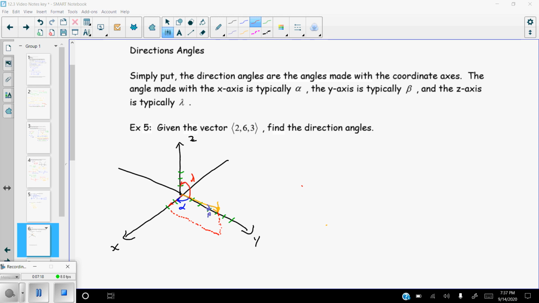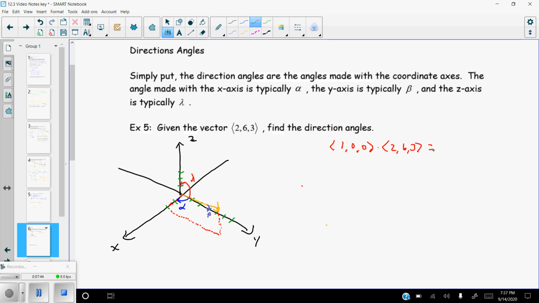Well, the easiest one to use is the unit vector in the direction of the x-axis, which is i, or 1, 0, 0. So we're going to dot that with our vector 2, 6, 3, because again 1, 0, 0 is a vector on the x-axis. So we're going to find the angle in between.